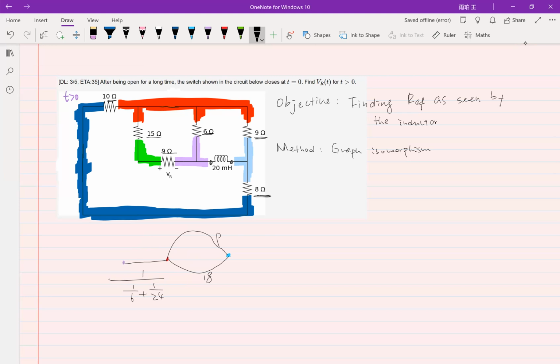Then we have these 9 and 18 resistors connected in parallel, and we can simplify them as 1 over 9 plus 1 over 18. Then it's fairly obvious that these two are connected in series. So just delete this red node, redraw it, and add up the values. So here's how we find our equivalent.